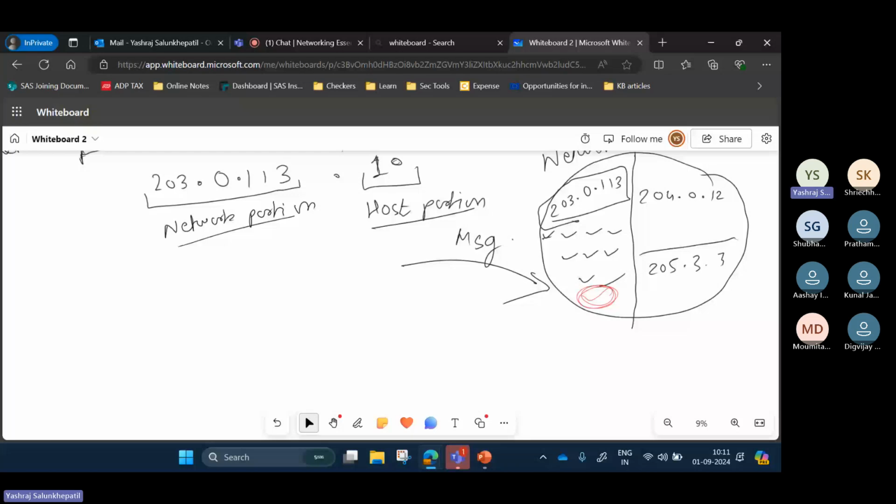Okay, now another thing. Generally it is very easy agar boundary pe ho, like only 203 can be network and 0.113.10 can be host. Similarly 203.0 can be network, 113.10 can be host. Then this can be network and this can be host.